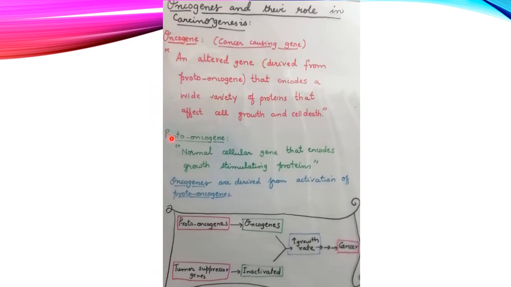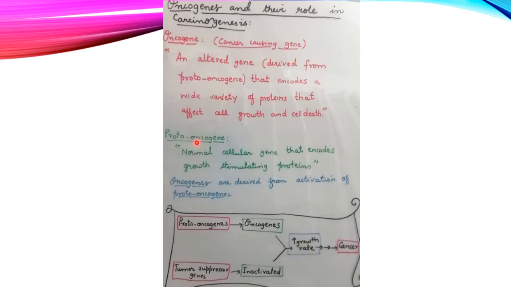What is a proto-oncogene? A proto-oncogene is a normal gene that controls the growth of cells and encodes growth-stimulating proteins. When a proto-oncogene becomes mutated, it becomes an oncogene. So an oncogene can be called an altered or modified form of a proto-oncogene, and it can encode a variety of proteins which may affect cellular growth and even the cell death program.